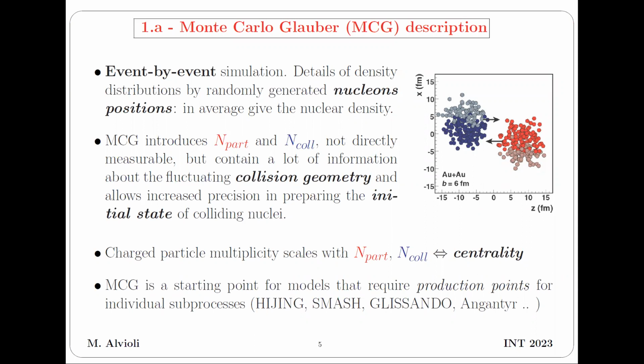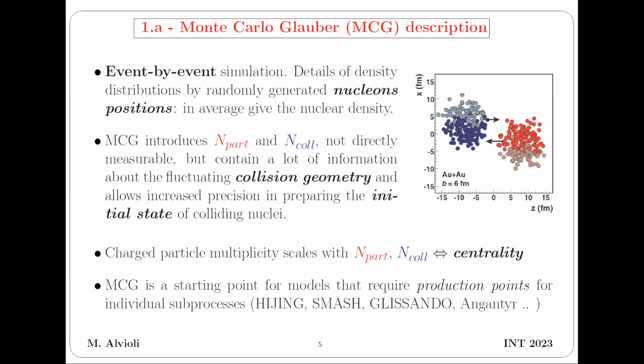In Monte Carlo Glauber, of course, we talk about the number of participants in each event and the number of collisions, which are not measurable directly, but they give us a lot of information about the event-by-event fluctuations of collision geometry, and allow increased precision in preparing initial states of colliding nuclei.